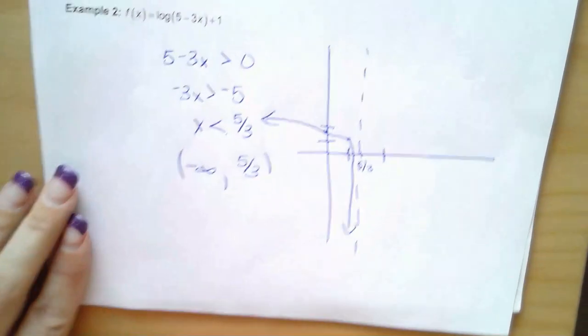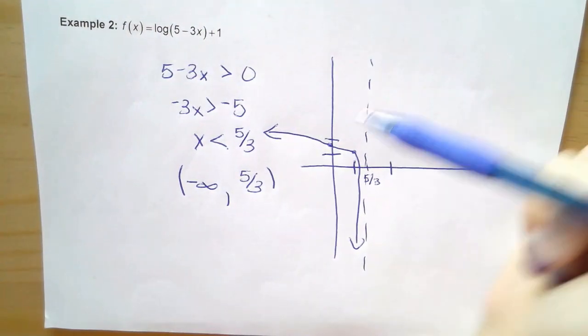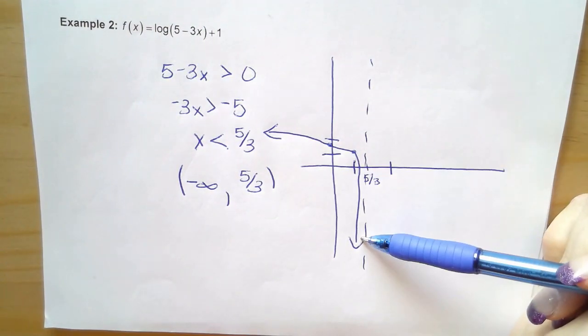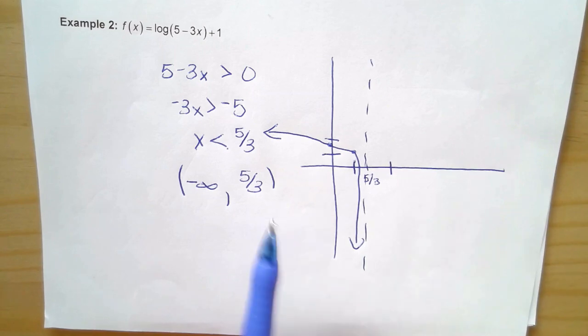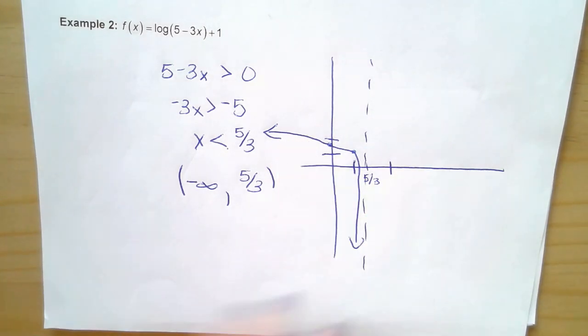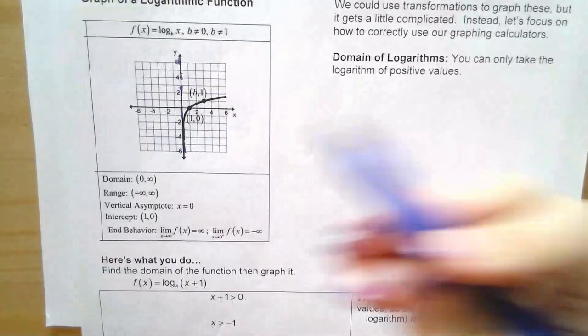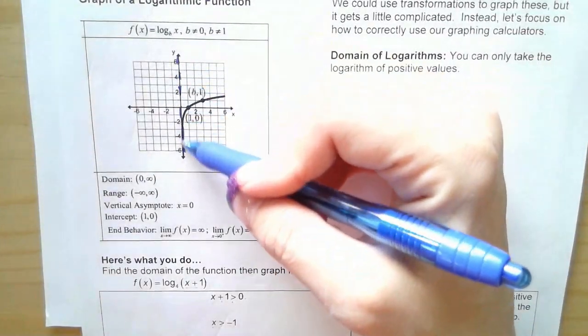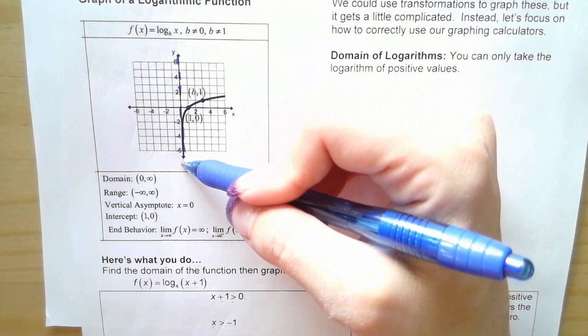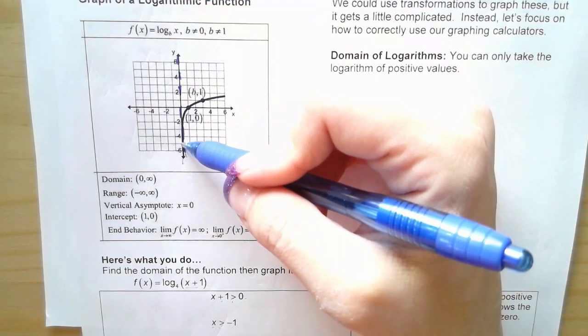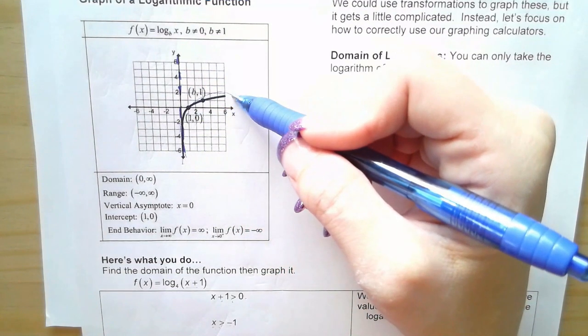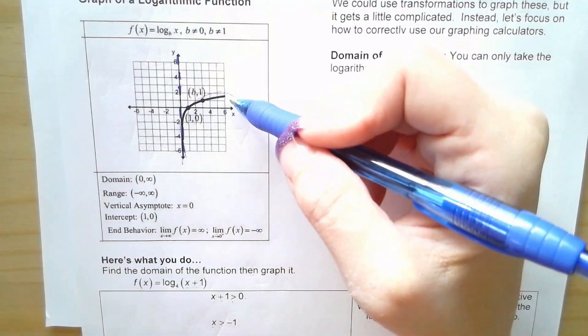But there we go. Mostly when you guys graph it, I want to make sure that you have that asymptote correct and that it's curving in the right direction, okay? So recap. Your basic log is going to have your asymptote at 0, and your log is going to be increasing, okay?